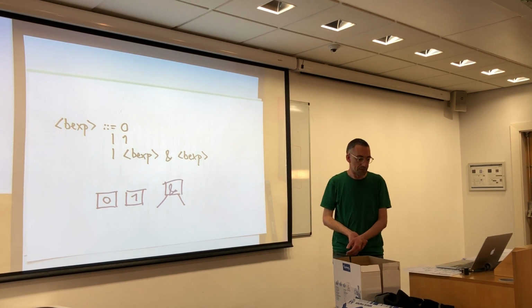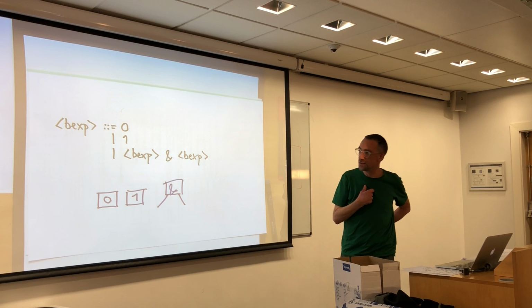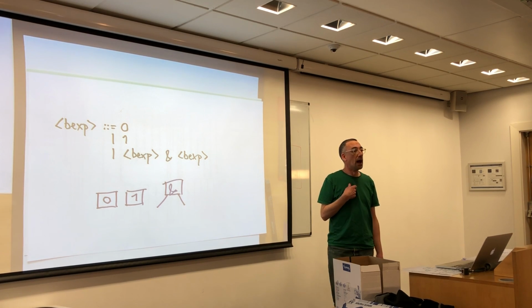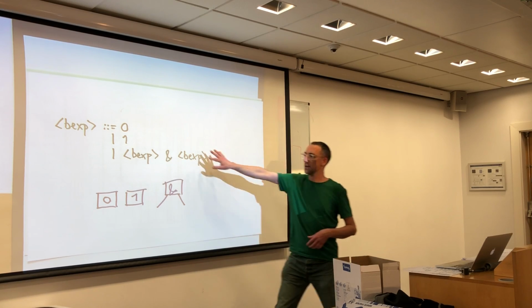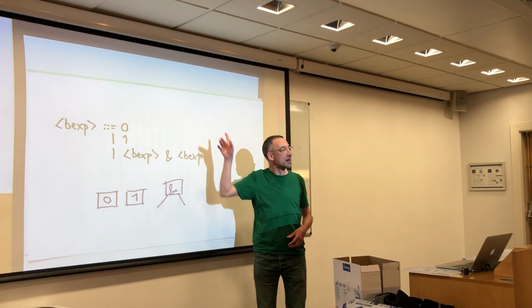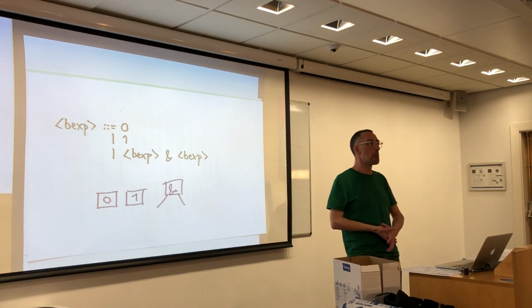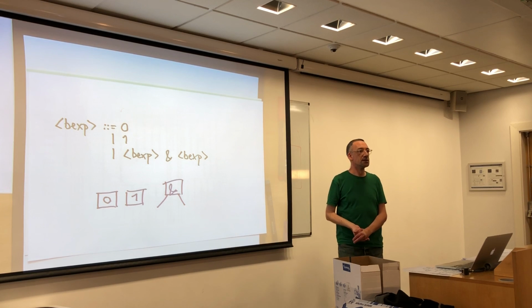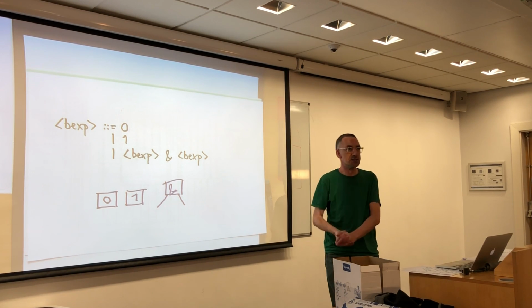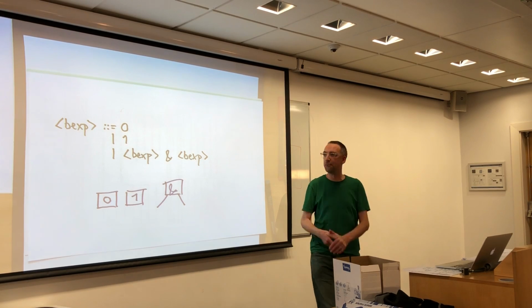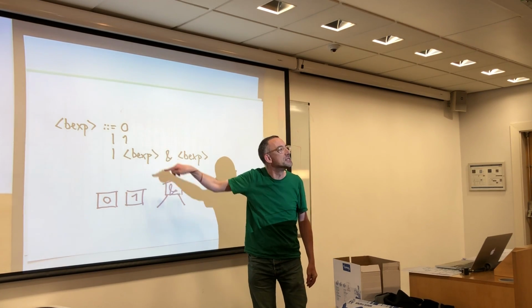We've seen one of them. That's to say, which kinds of things exist and how they're put together by the different productions. Crucially, you know that whenever you have a Boolean expression and it's a legitimate one, it must have been made by one of the productions.